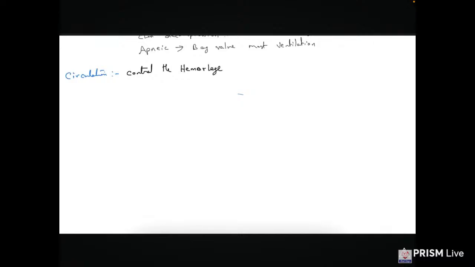Okay, next, how can we assess? We have to go based on pulse, blood pressure, skin color, capillary filling time, and mental status, altered mental status.